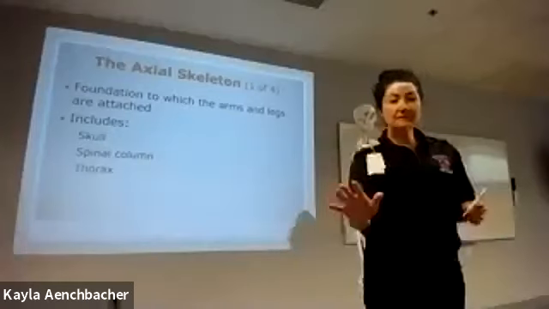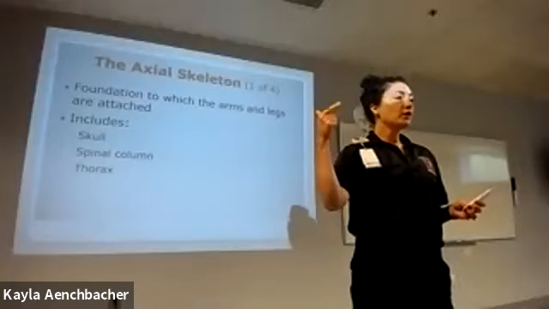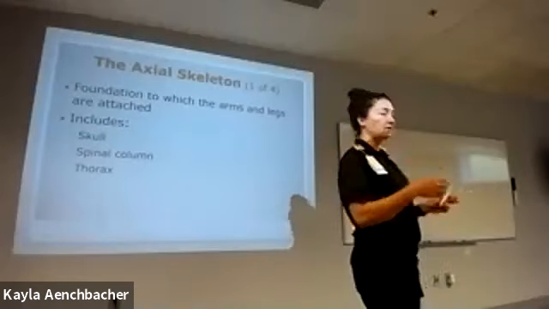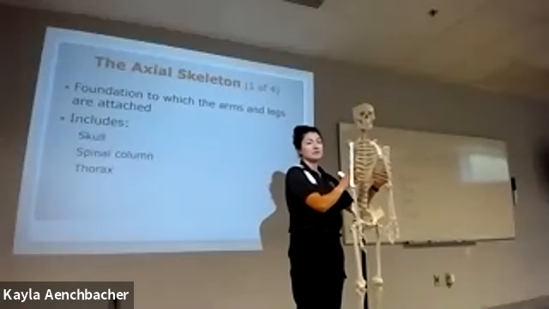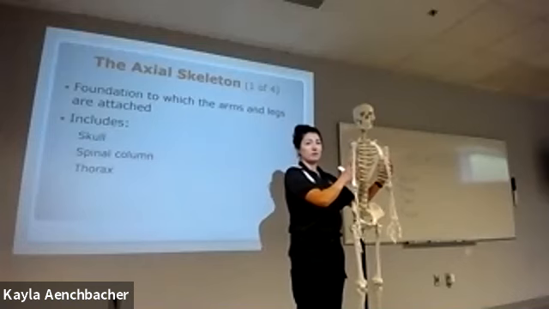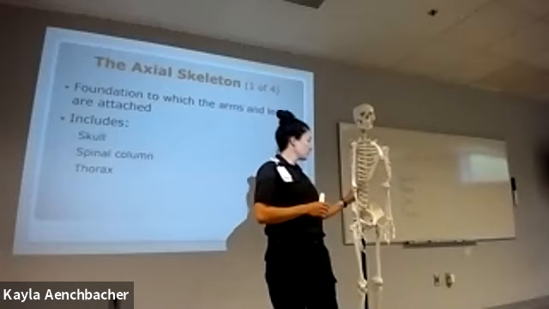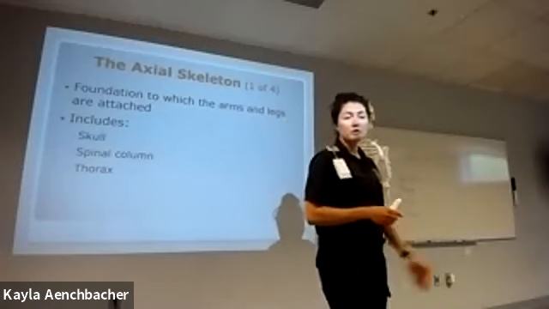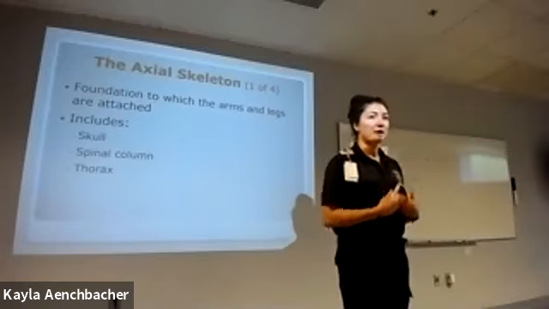No, your axial is going to be that main vital function, your skull, your thoracic cavity, all right? So that's another word for your chest, or your rib cage. Thoracic means chest cavity, and your spinal column, okay? What all do you think is included in your skull, your rib cage, your thoracic cavity, and your spinal column?